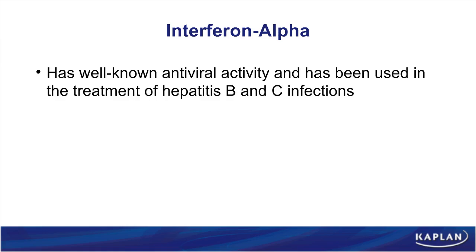Interferon alpha is really important as a treatment for a lot of different viral infections, one of which is the hepatitis viruses B and C. A lot of the time for treatment of hepatitis B and C, they'll often refer to pegylated alpha interferon. But that, along with the use of other antiviral drugs, has actually been really successful in the treatment of hepatitis.